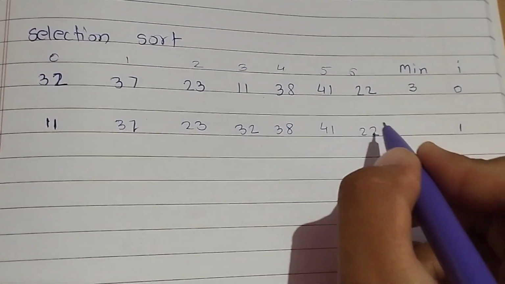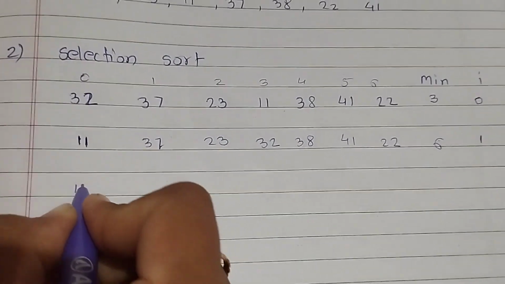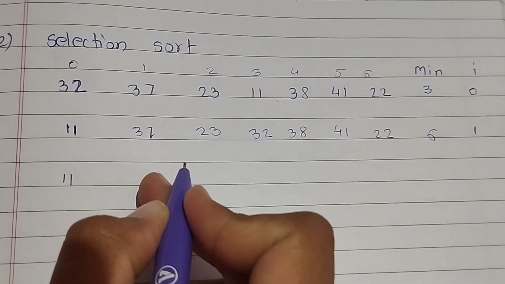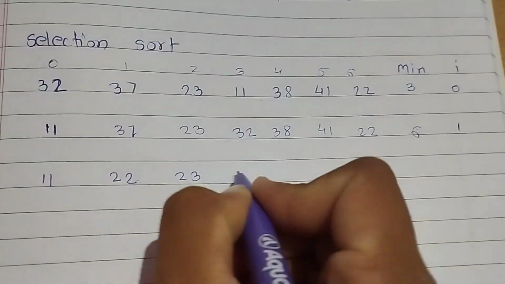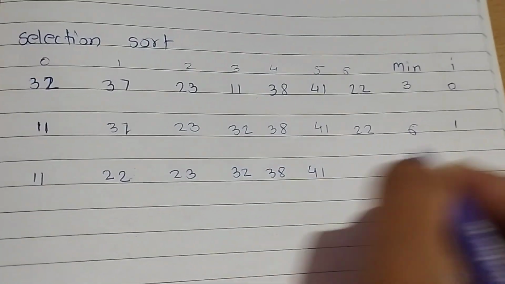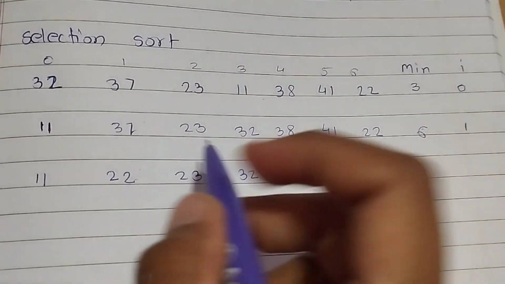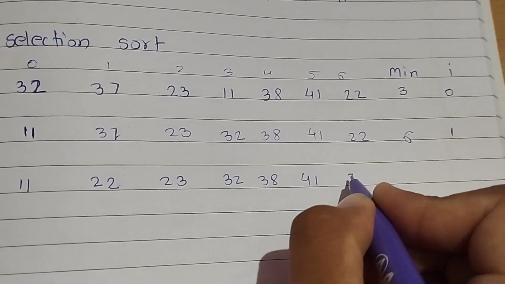So now the minimum is at the 6th index. So 11, now here the second index we swap with 22, this 23, 32, 38, 41 is as it is, and now the second index is 37, we swap with 22.